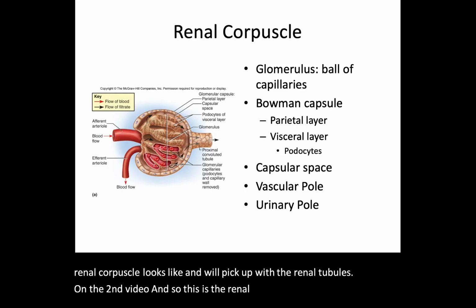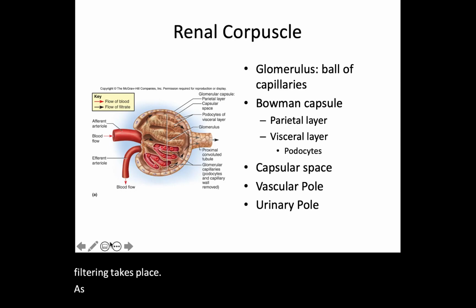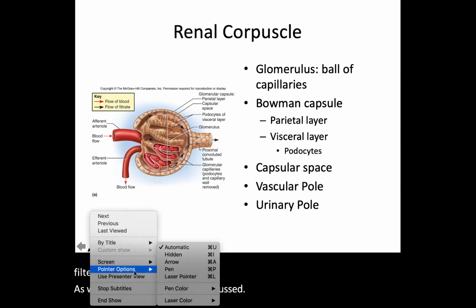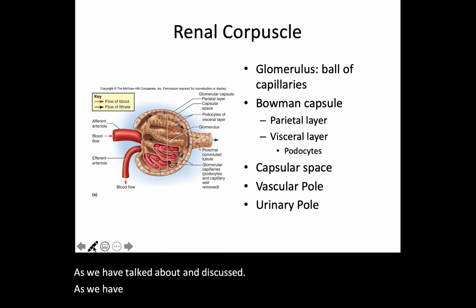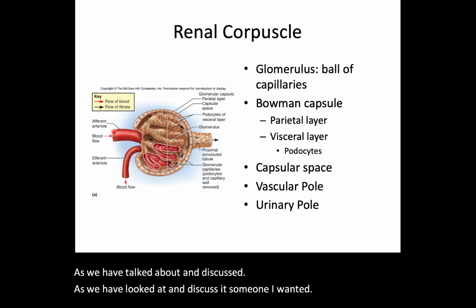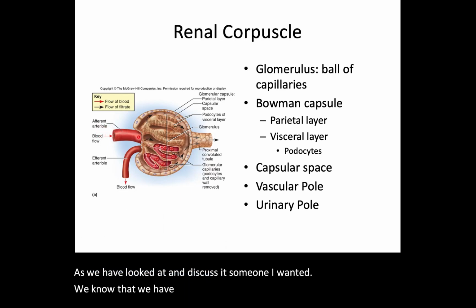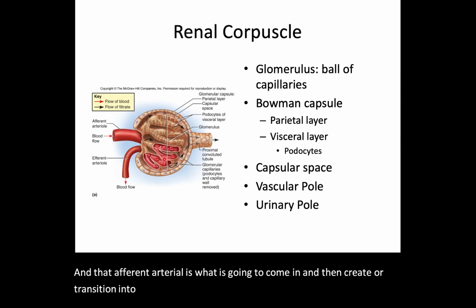This is where all the filtering takes place, as we have looked at and discussed. We know that we have an afferent arteriole that comes in, and that afferent arteriole transitions into the glomerulus, which is what you're seeing right here.